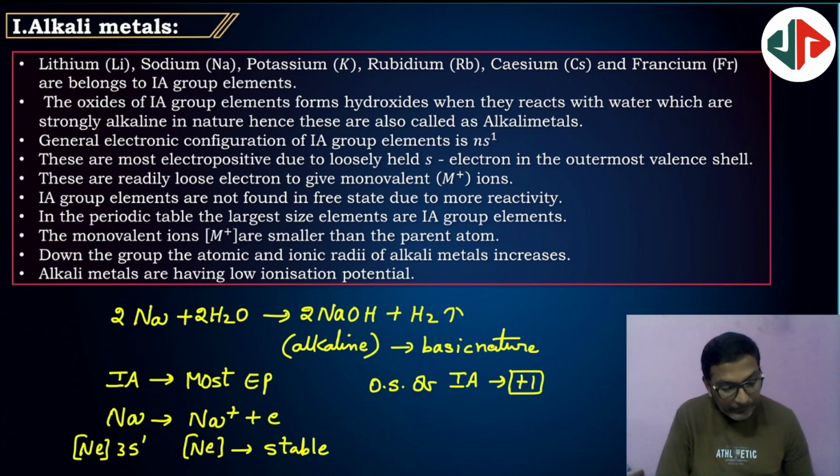Next. In the periodic table, the largest size is for the 1A group. In their respective periods, alkali metals have the largest atomic radius. Next, alkali metals have low ionization potential due to large size.